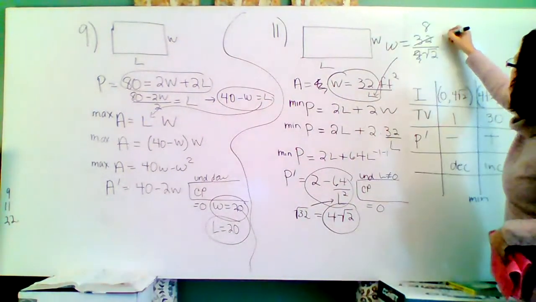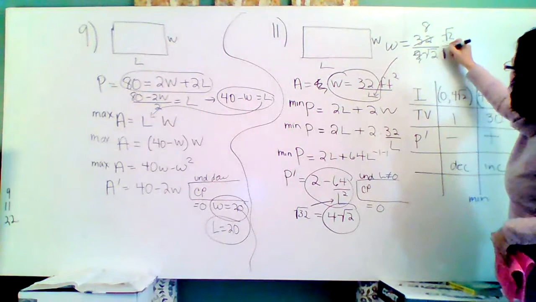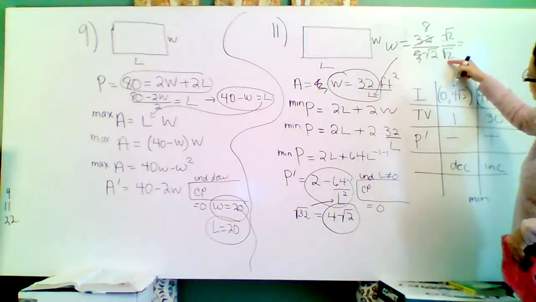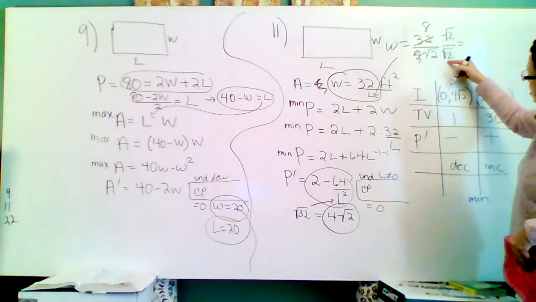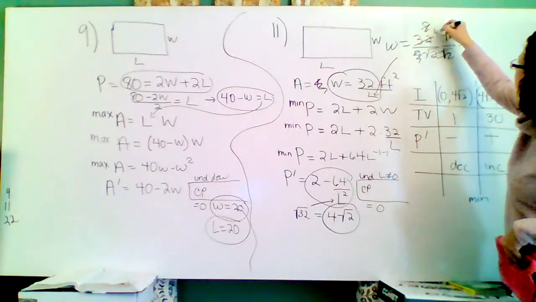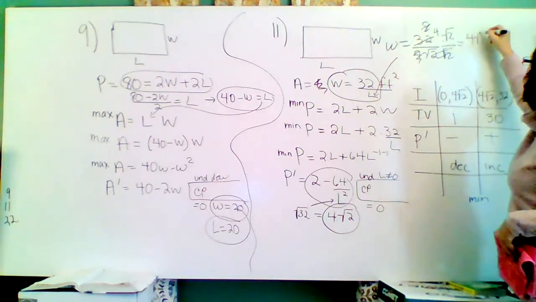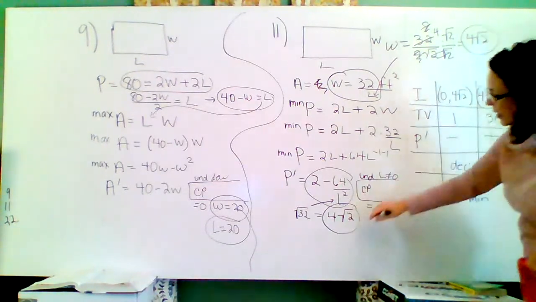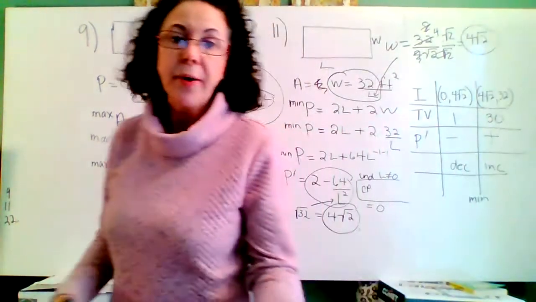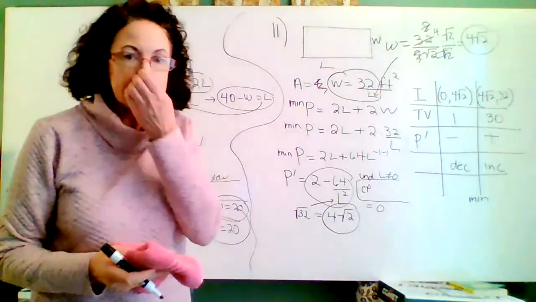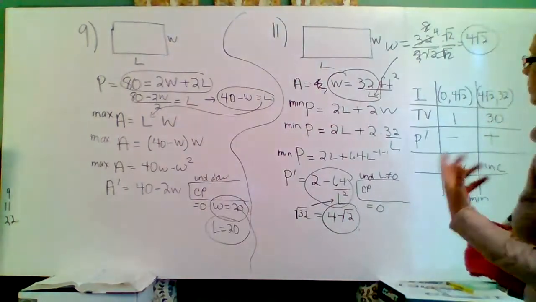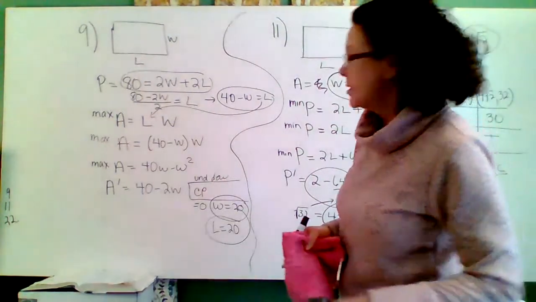They probably didn't make it look that way. They probably multiplied the top and the bottom by the square root of 2. Notice that the square root of 2 times the square root of 2 is 2 in the denominator. That cancels out and leaves a 4 here. 4 square roots of 2 for the width also. And the length was 4 square roots of 2. Notice that makes sense. It's a square, right? That always seems to get maximum use out of minimum resources.